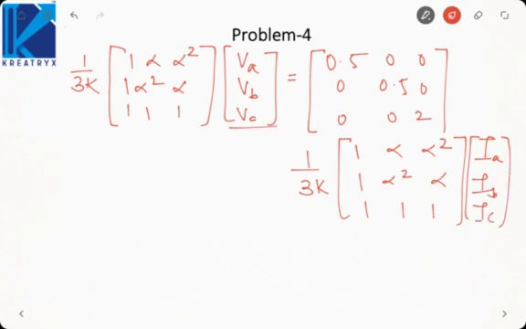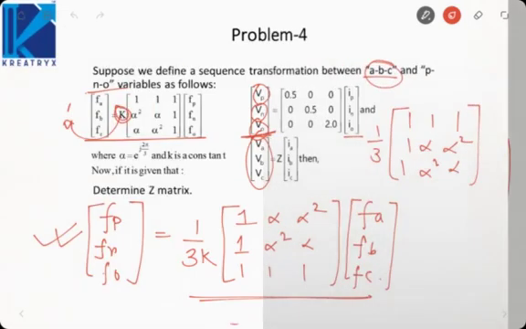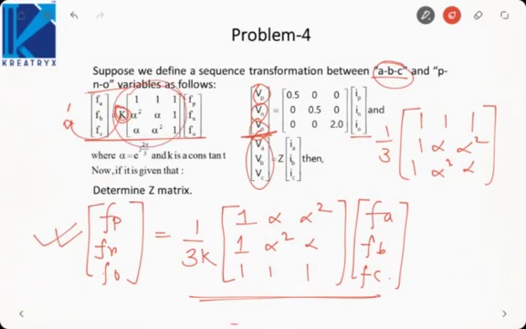Now to derive VA, VB, VC, we will take inverse of this matrix. Now this matrix is itself inverse of this. Suppose this is A, this is A inverse. So inverse of this will give me this matrix.